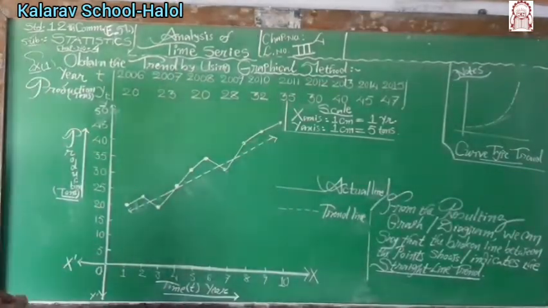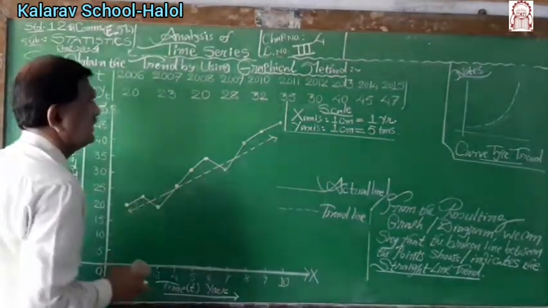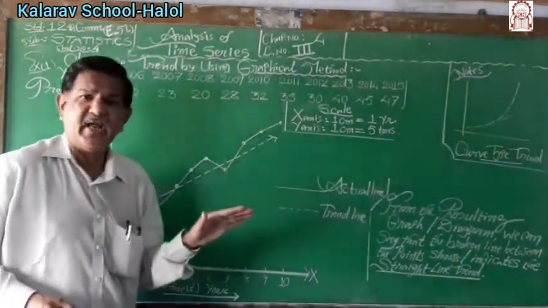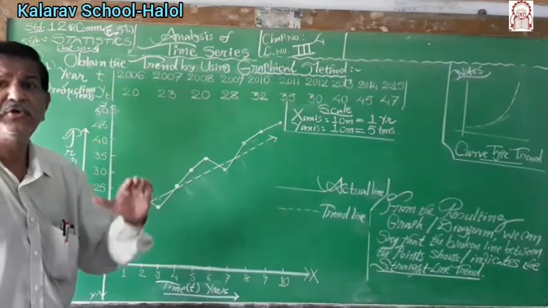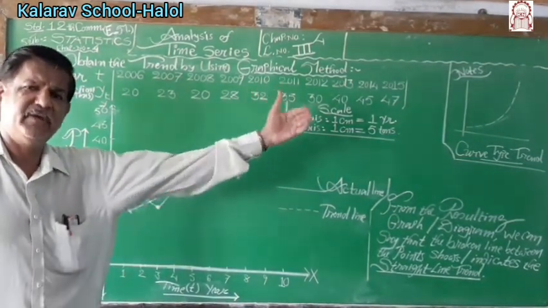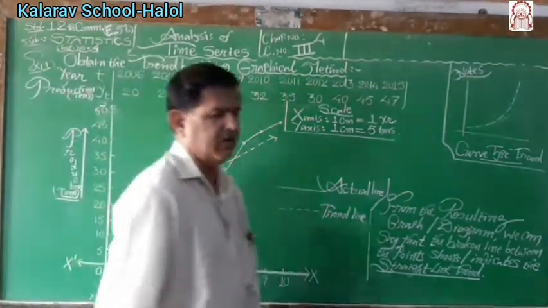This way, straight line trend, see broken line, and this is curve type. The resulting diagram only can decide the type of the trend, whether straight line trend or curve type trend. It is based upon the given data.